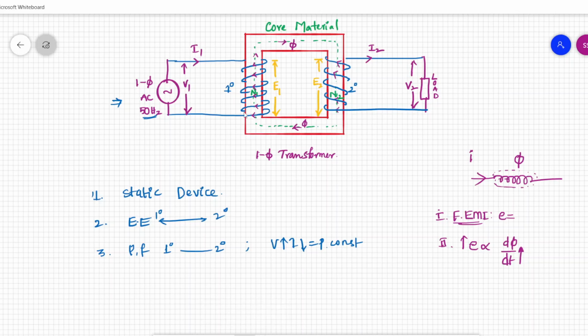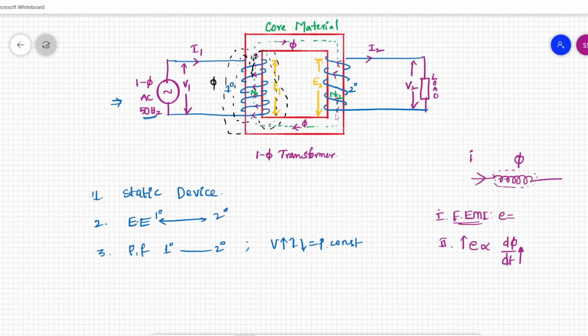Let us take a black pen. I am taking the direction of flux as upward. So here a flux has been induced in this primary coil. Now what is happening here? This coil is wound on a magnetic core.